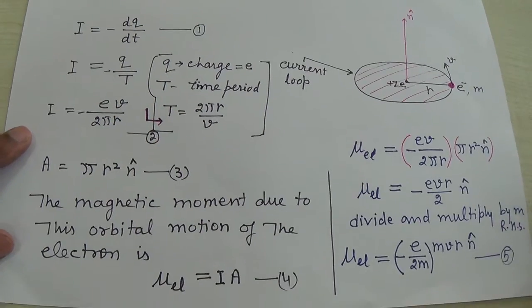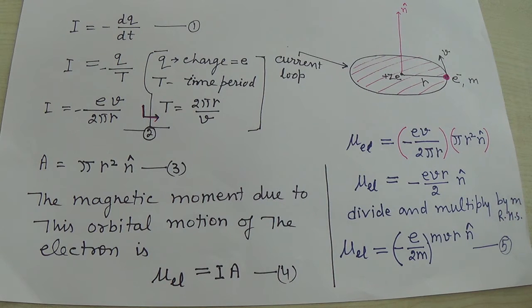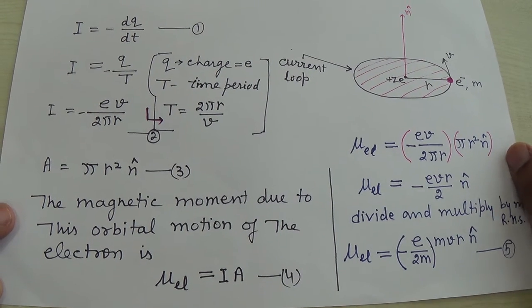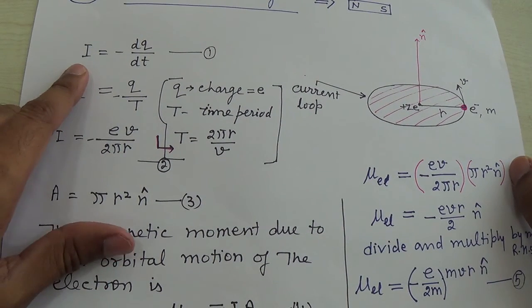So how do we find the magnetic moment? If an atom is equivalent to a bar magnet, then it is possible to calculate the dipole moment of the bar magnet. So what is the procedure?